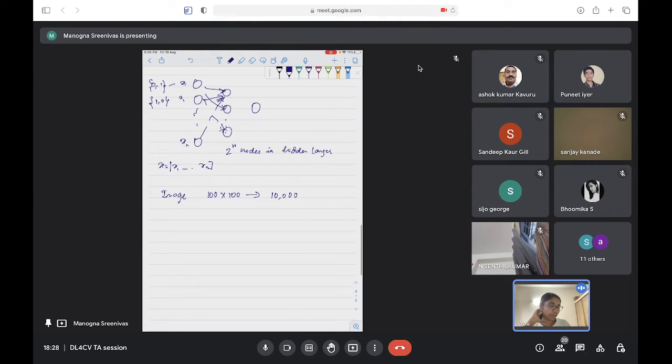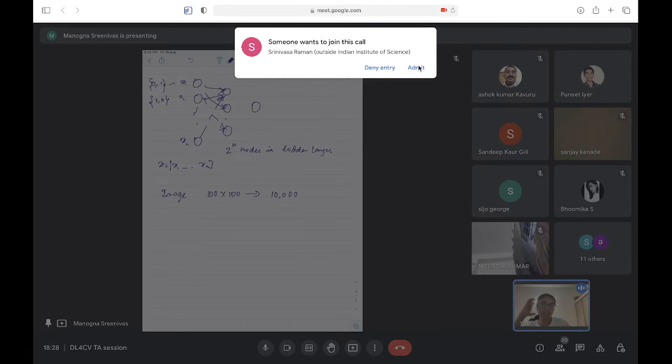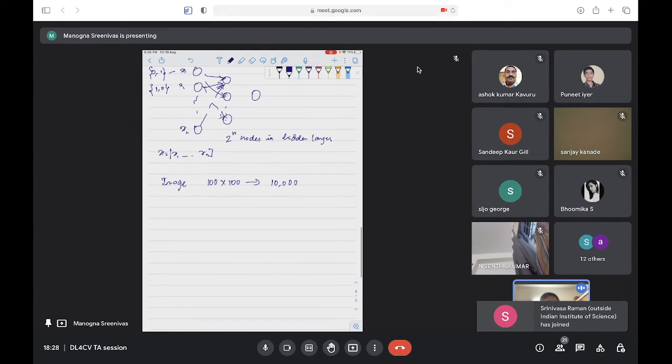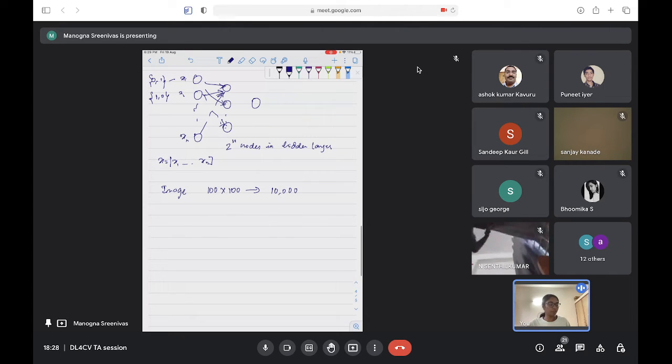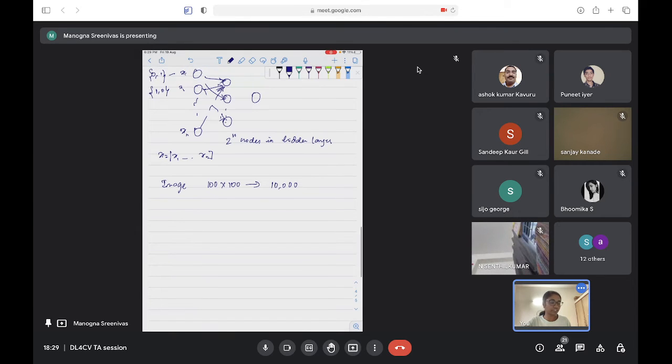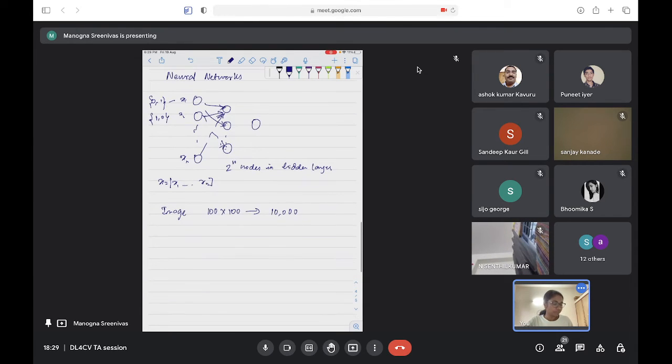So if I want to use my image as input and learn a classifier that can separate them, the function which will be required to be able to consider all combinations in this 10,000 dimensional vector should be very complex. That is where neural networks are used extensively.